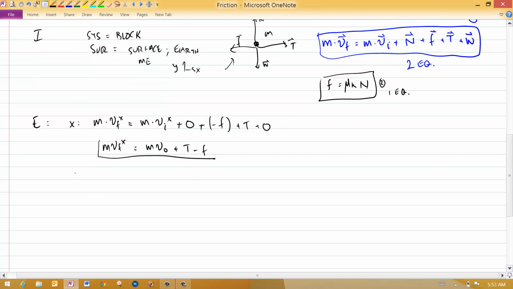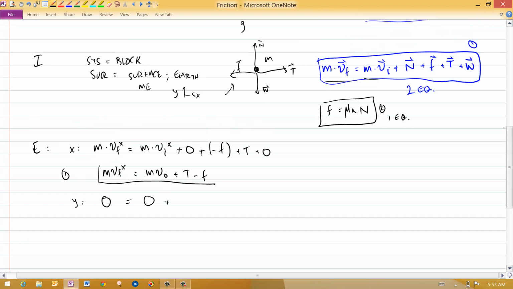Let's see what the y component of equation number 1 looks like. I have 0 because the y component of the final velocity is 0, and that's equal to 0, the y component of the initial velocity. I add the y component of the normal force, which is just N, the y component of the friction force, the y component of the tension force, and then the y component of the weight, which is minus mg, and that tells me that N is equal to mg. The normal force is just equal to the weight, even though it's moving.